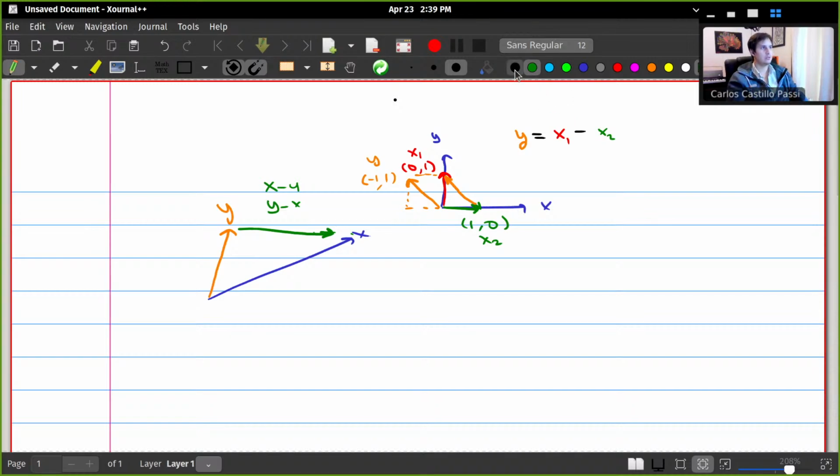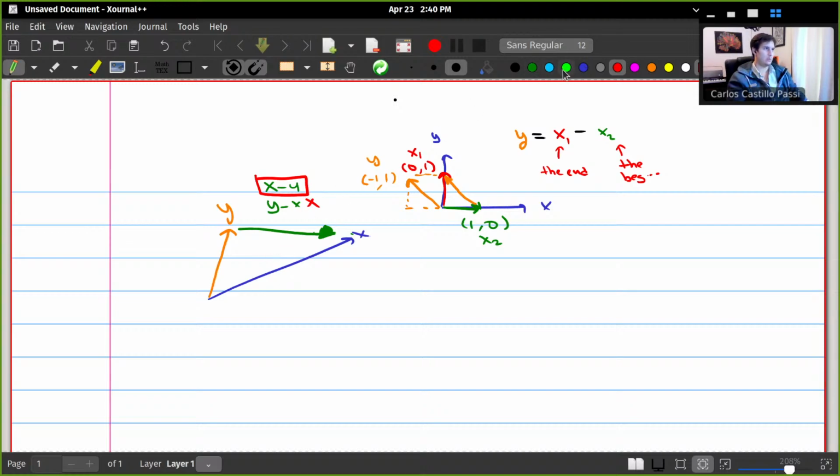And basically, to obtain any vector like this one, we need to have here the end of the vector, and here the beginning. So in this case, if we want to obtain the arrow pointing from y to x, the only correct solution is x minus y. So this one is incorrect.